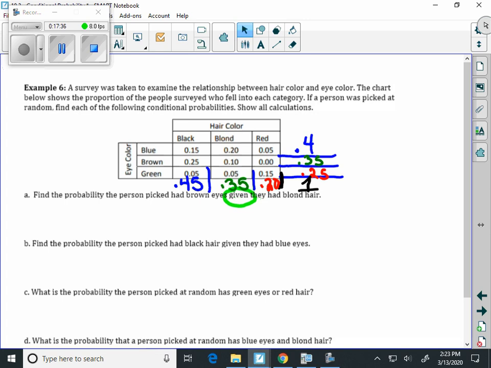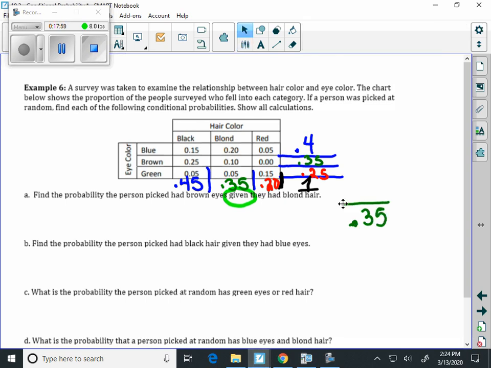And what's going to go in the bottom? What's going to go in the bottom is the blonde hair. So we look at the blonde hair. The blonde hair is going in the denominator. That's going to be 0.35.